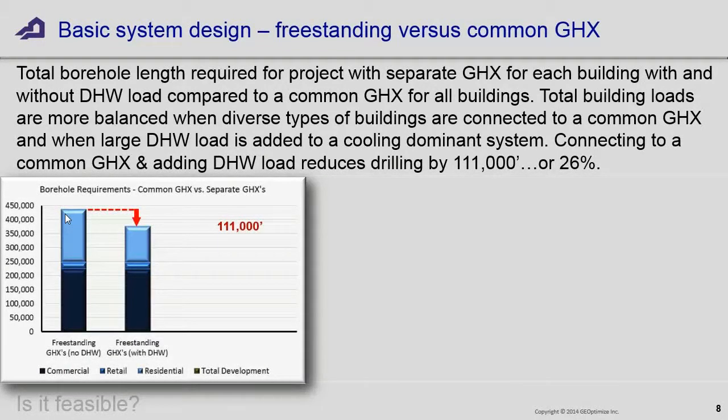Looking at what happened if you simply added the domestic hot water load, that dropped it down to about 370,000 feet of drilling. That knocked a lot off just by adding the domestic hot water load. You're benefiting the client. His domestic hot water is going to be less expensive to make, and at the same time you're reducing the cost of the ground quite a bit.